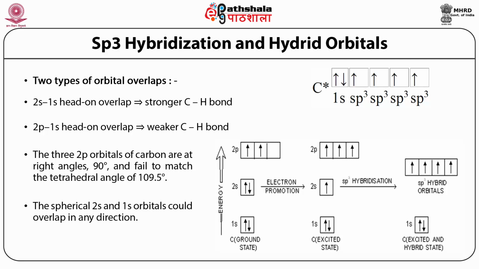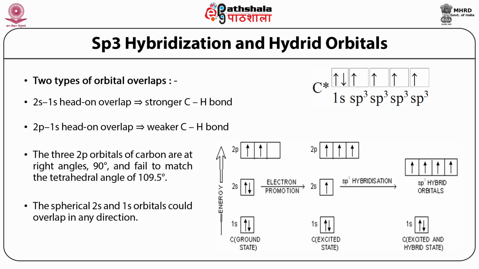A linear combination of the valence shell s and p wave functions is the best possible choice for the set of 4 equivalent orbitals, which are the 4 sp3 hybrid orbitals, as shown in the electronic configuration of C star, where there are 4 hybrid sp3 orbitals resulting from a linear combination of 1 s and 3 p orbitals.